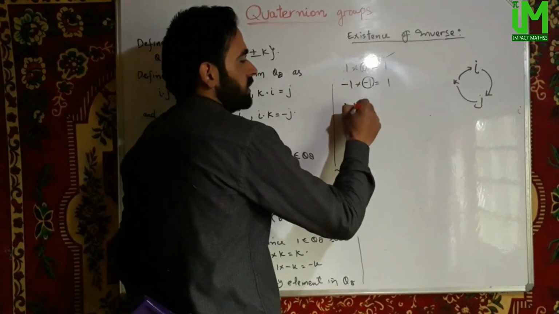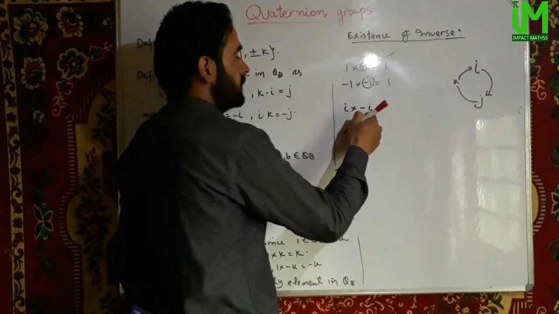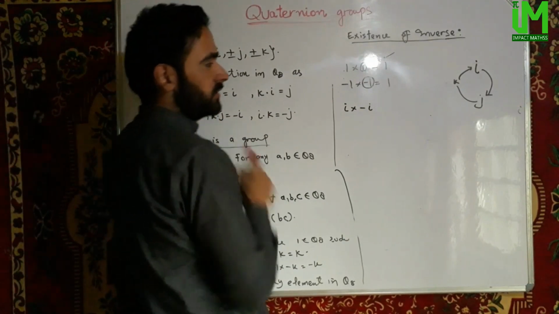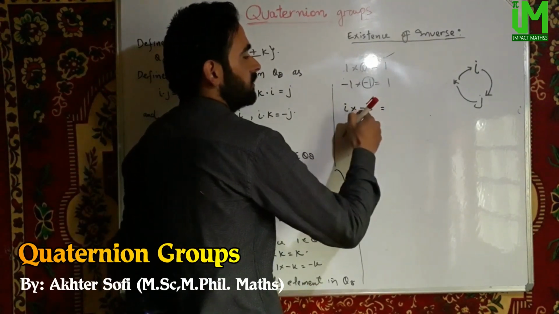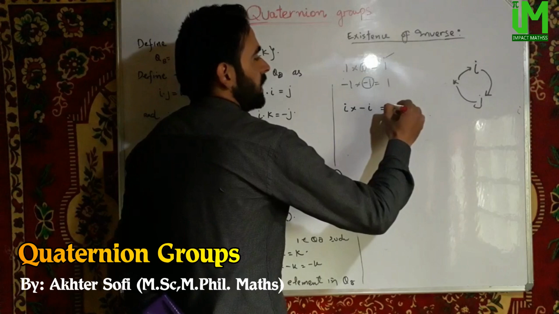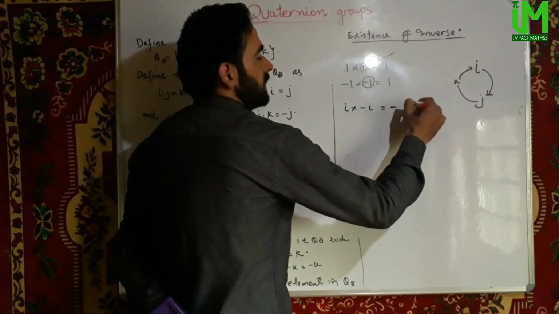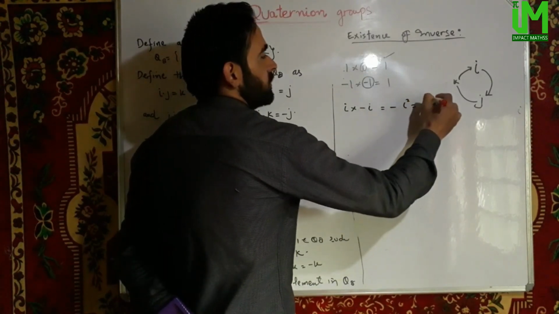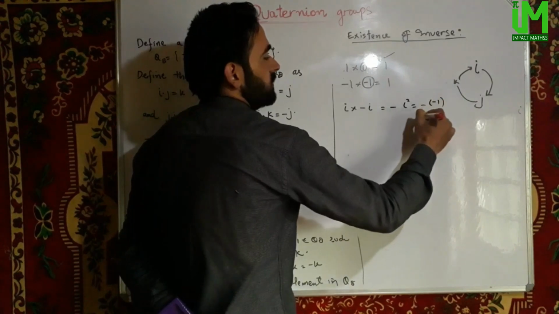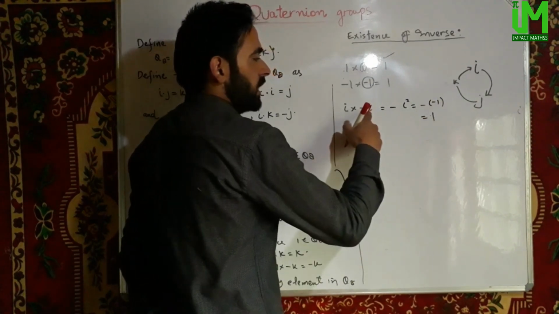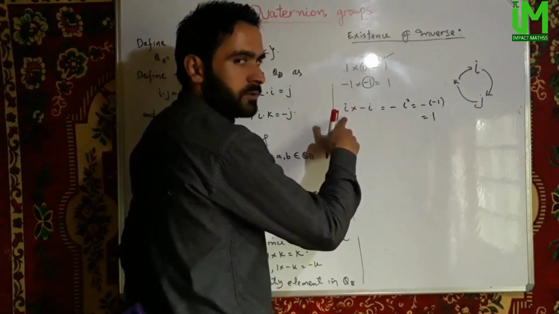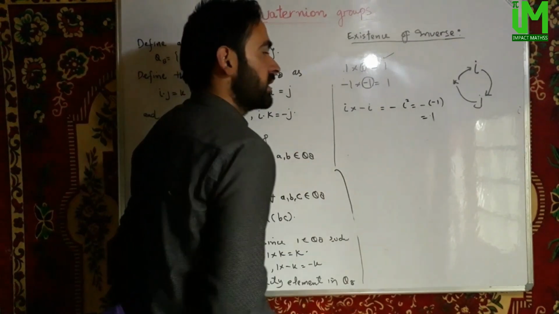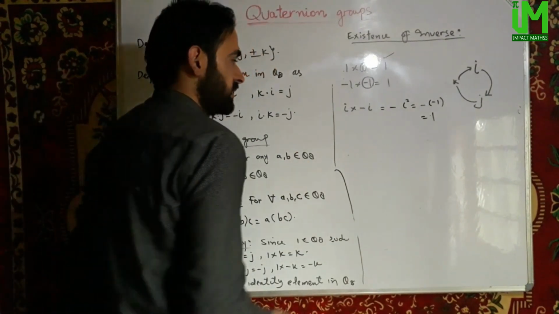Now i into minus i, we are having this binary operation. i into minus i will be minus i square, and minus i square is minus of minus 1, so this will be 1, which means minus i is the inverse of i, and i is the inverse of minus i.